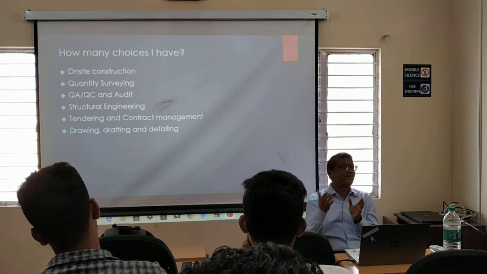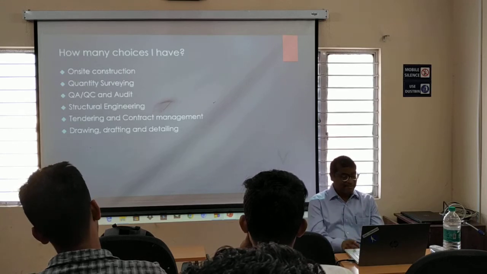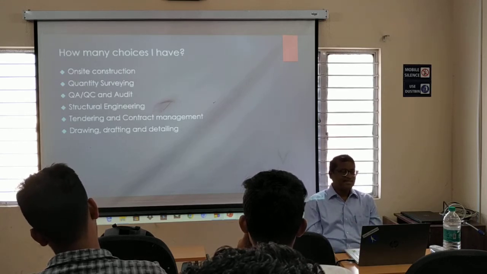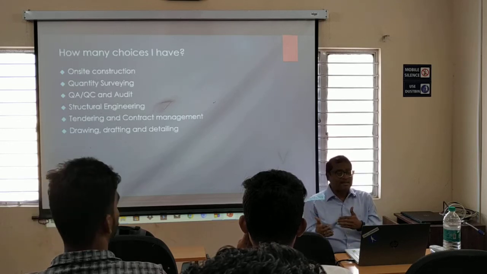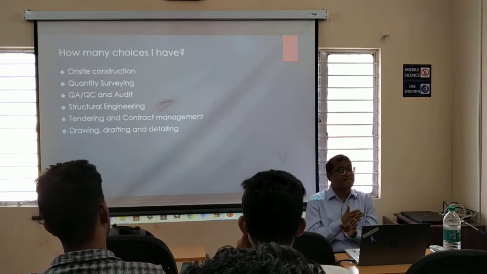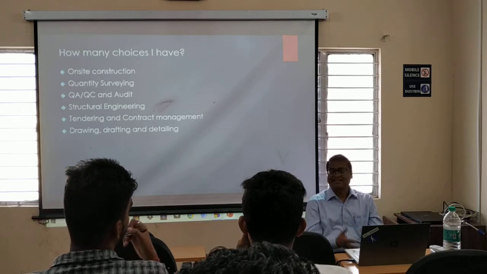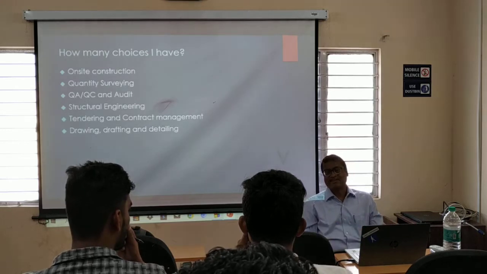One stage before it becomes a coconut. The tender is an offer. When it is accepted by the owner, it becomes a contract. So similarly, one stage before the contract is called a tender. That is why the tender document is called a tender, just because of this reason.